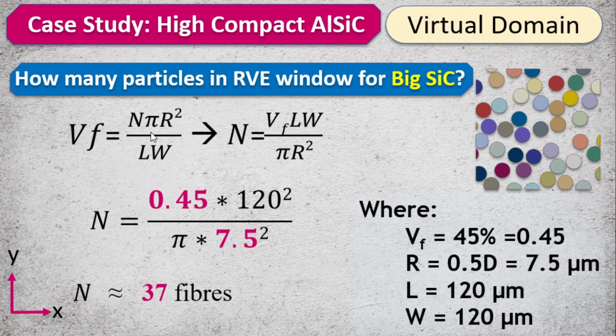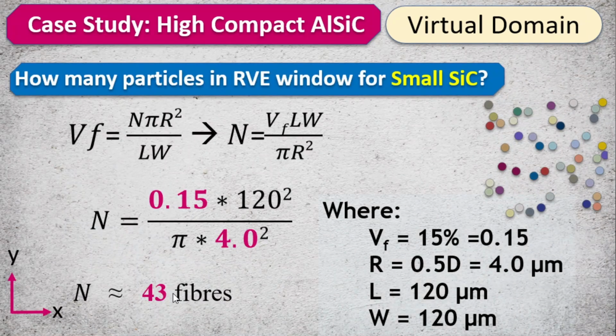So first, I'll create a 45% inclusion for the big diameter silica fibers, and that gives me 37 fibers or silica particles. Then we can move on to the smaller silica particles, which will be the remaining 15% to make up an overall 60%, and that gives us 43 fibers according to it.